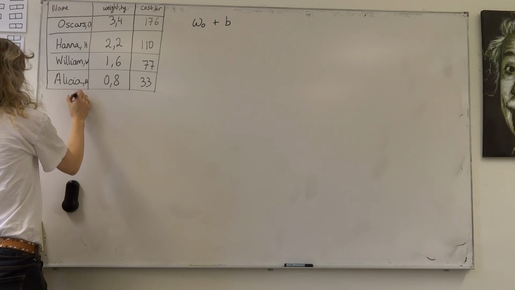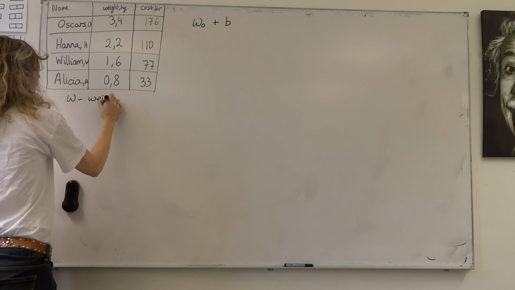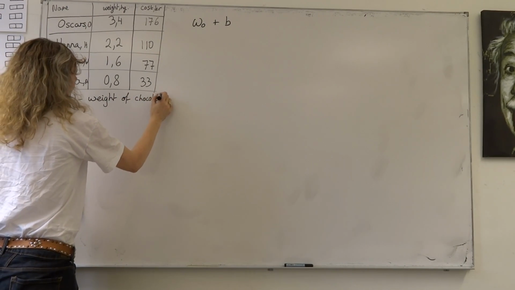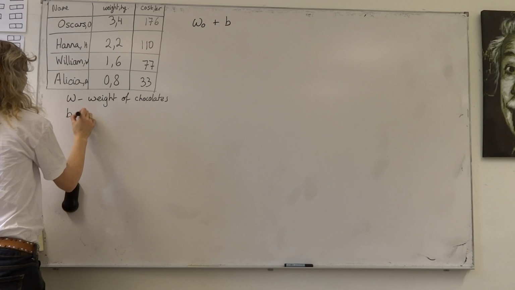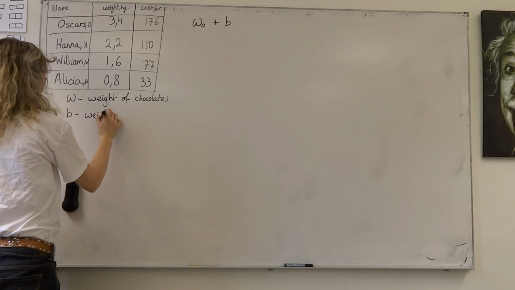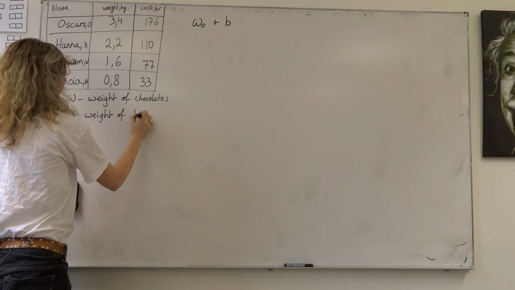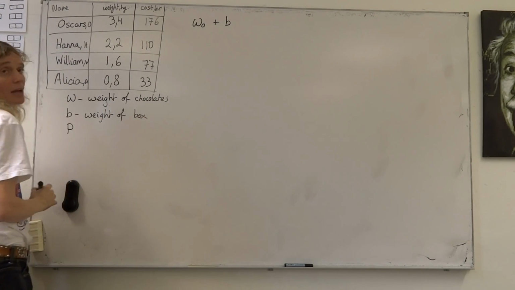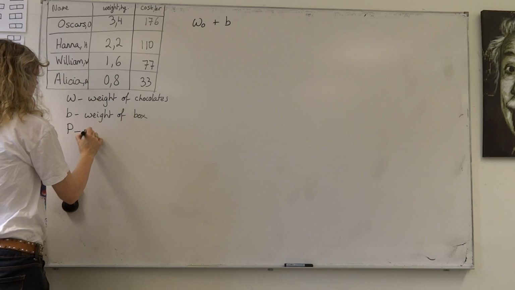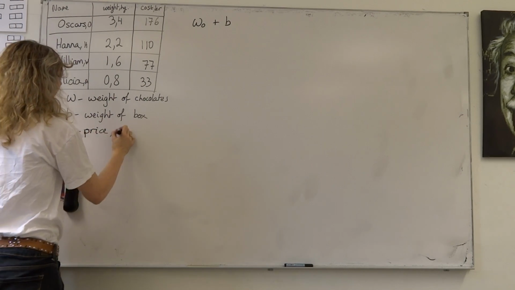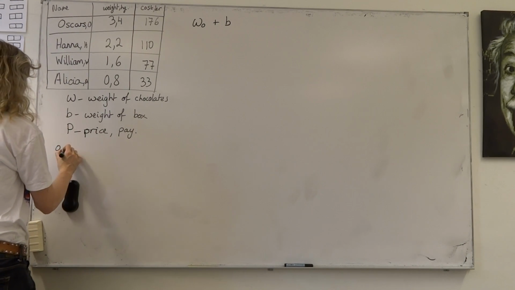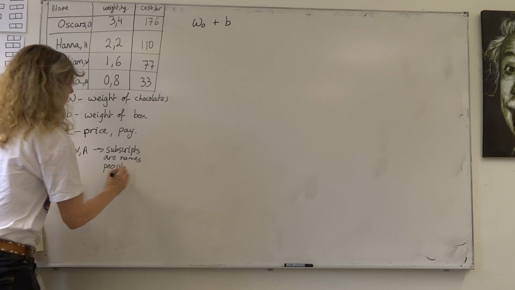So if we call W the weight of chocolates, B is the weight of the box, and let's call P the price that they pay. And if we have Oscar, really clear here what we're doing.